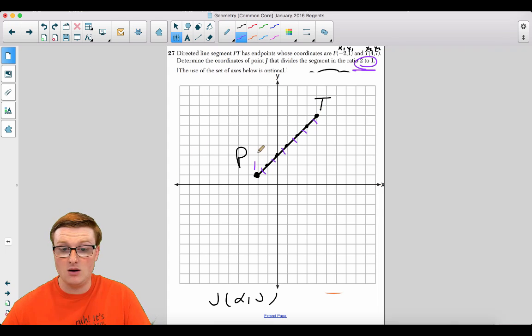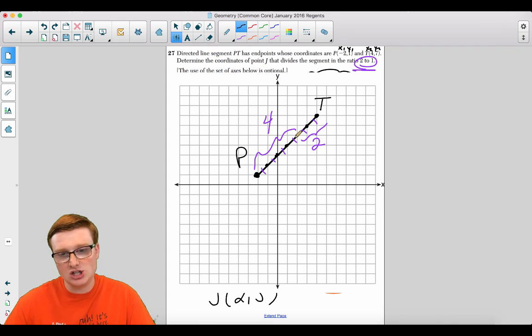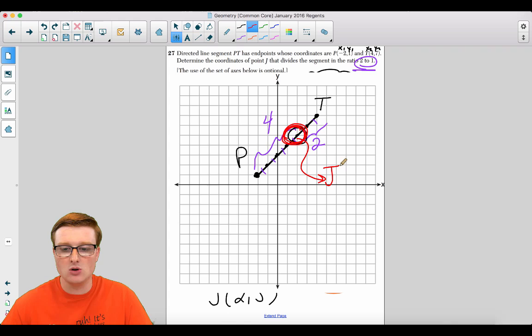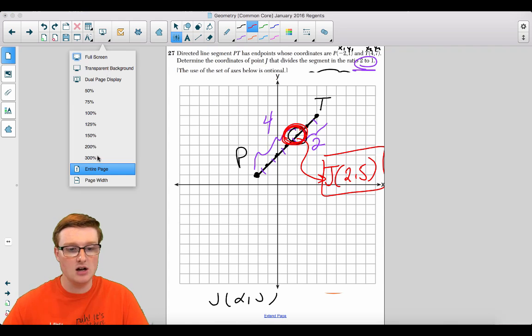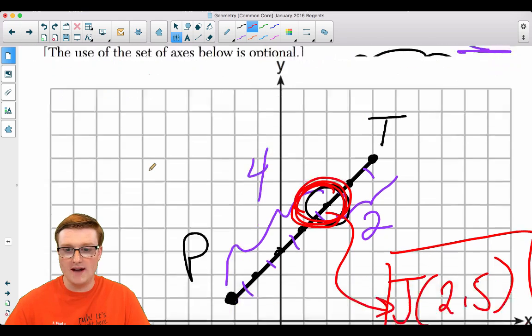Well, why don't we try 4 to 2? 4 segments to 2 segments is in a ratio of 2 to 1. So where they intersect, which is actually right here, that point is the point J, which is the point, look here, 2, and 1, 2, 3, 4, 5. So that's (2, 5), and it is the exact same result. And that's how you do it on a graph page.